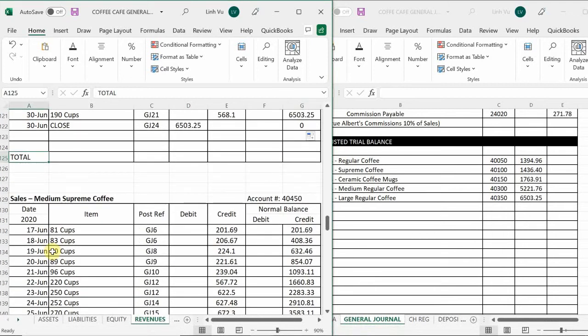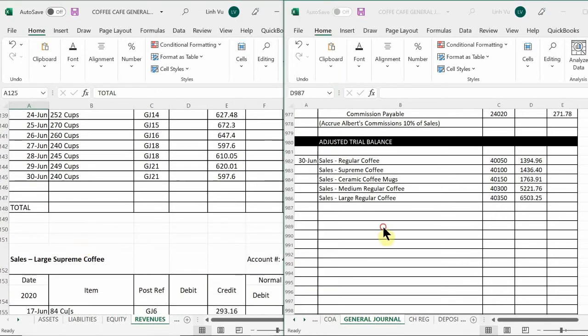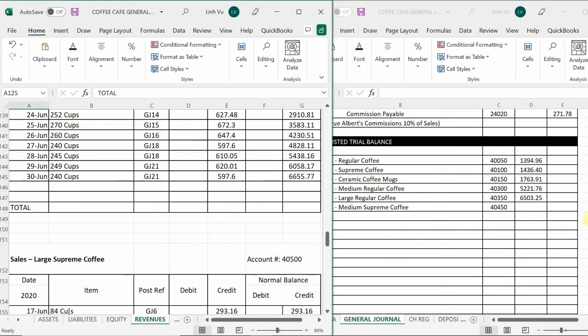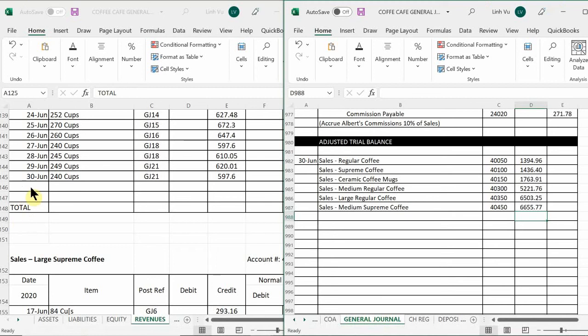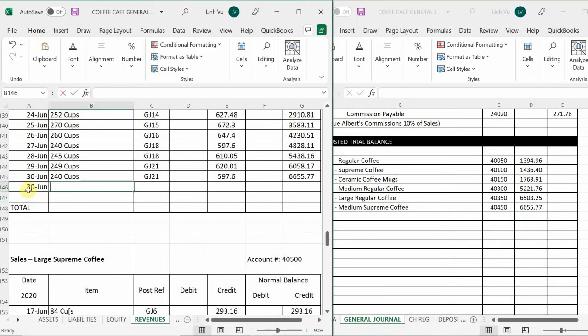Next we have our medium supreme coffee, which has a total amount of $66,55.77, bringing my account to zero.